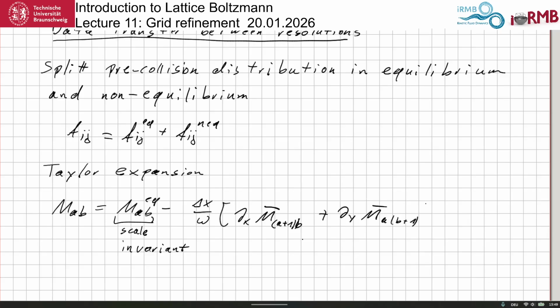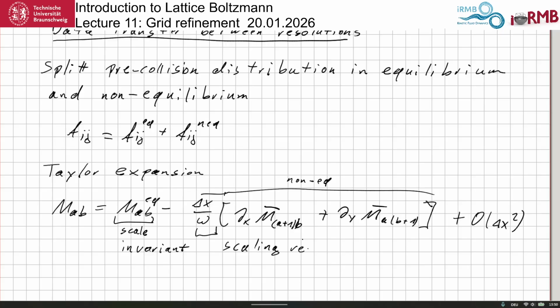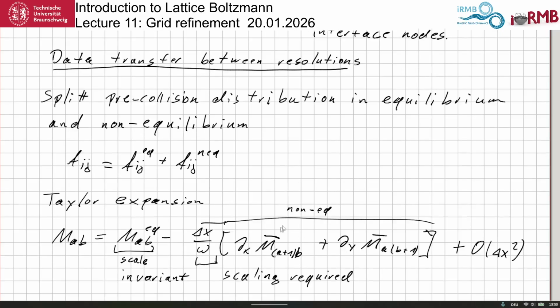So this is what you have for the moment. This here is considered together with this the non-equilibrium part, and then we have terms of delta x squared. So this requires us to scale the non-equilibrium part.